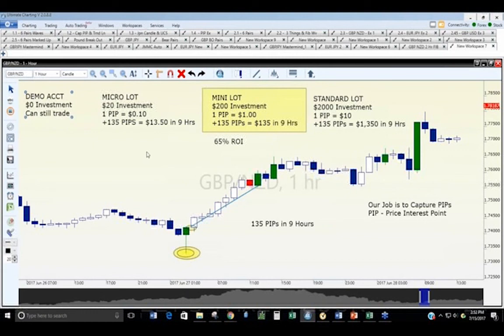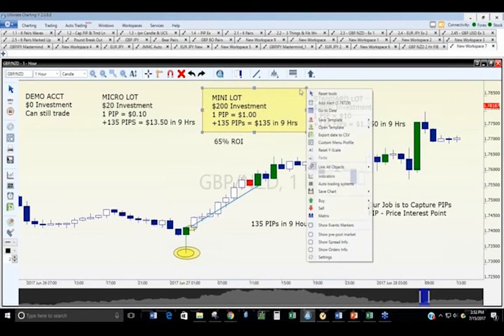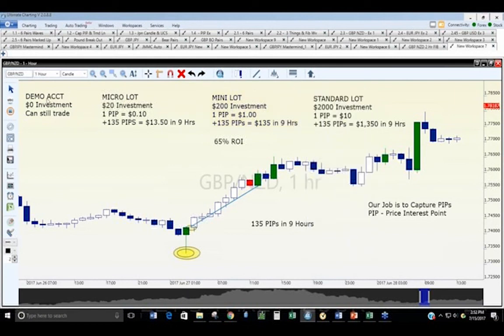You decide if you want to demo trade the micro, mini, or standard. The losses or gains are not real in the sense that you can't take the money out, but they're still real in the account. They start you off with a set amount of money, and you can see how you're doing. This is one of the things that a lot of people really like about the Forex market: you can start with a different size account.